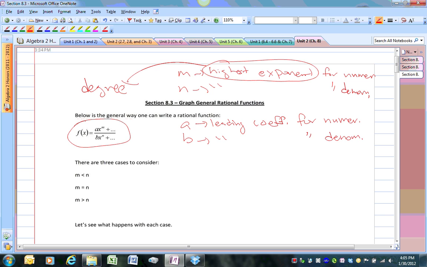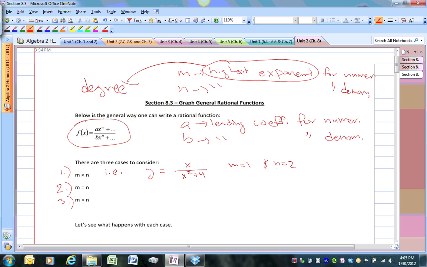So there's three cases to consider. Case 1, when m is less than n. Case 2, when m equals n. And case 3, when m is greater than n. Let me give you some examples of each. If I have y equals x over x squared plus 4, clearly m equals 1 and n equals 2.